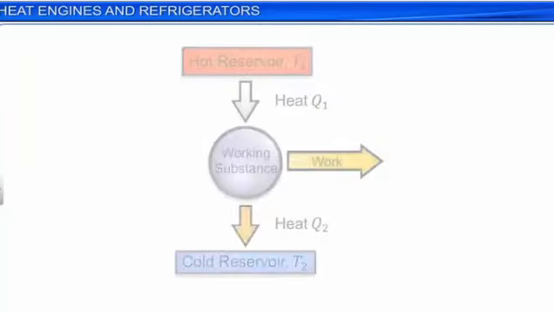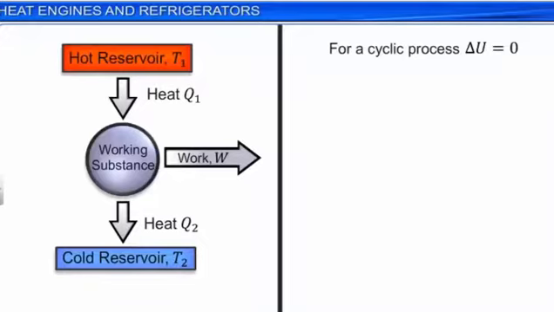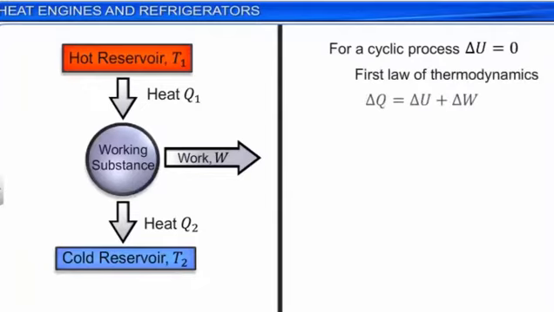But according to the first law of thermodynamics, we have delta Q is equal to delta U plus delta W. Therefore, for a cyclic process, delta Q is equal to delta W. As the heat absorbed and heat rejected by the system is Q1 and Q2 respectively, delta Q is equal to Q1 minus Q2.